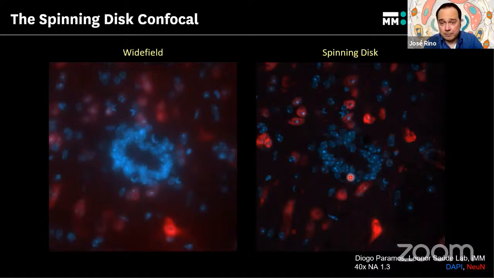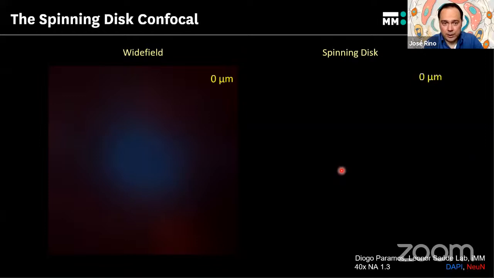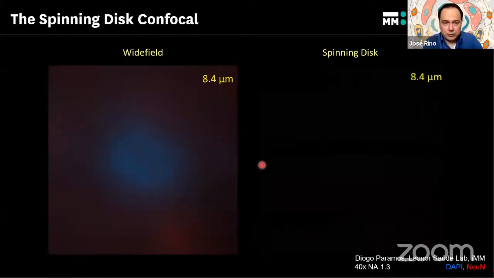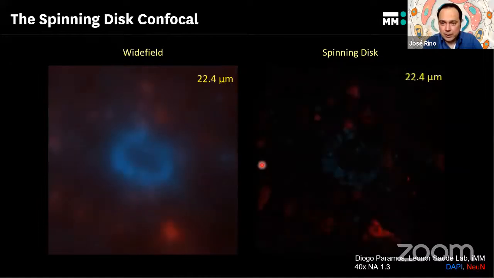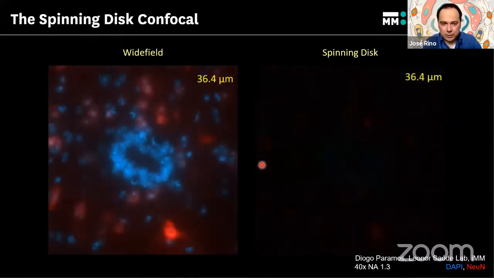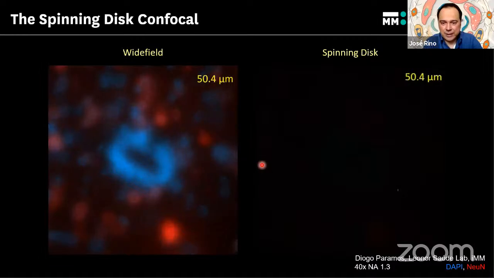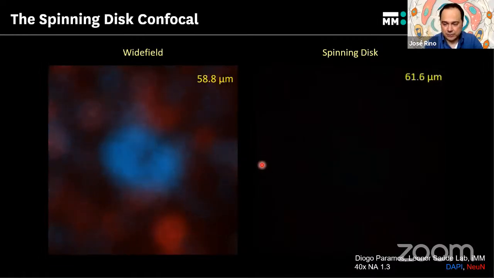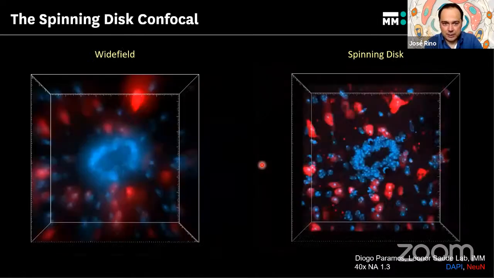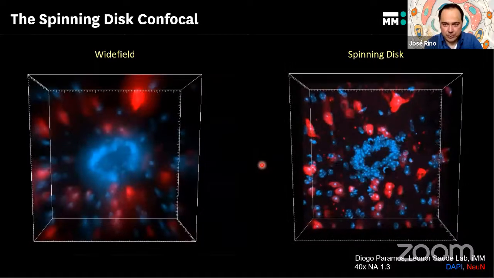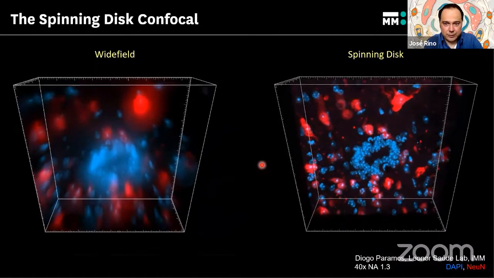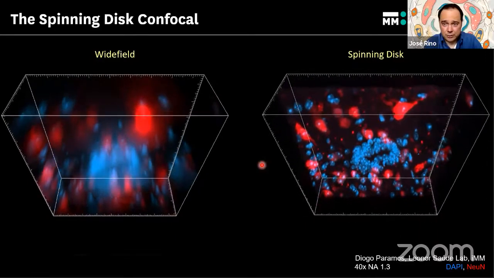And if we acquire a Z-stack for the sample in both modes, you clearly see the optical sectioning on spinning disk that's not occurring with wide field, and this is particularly striking when we look at the 3D reconstruction of it.